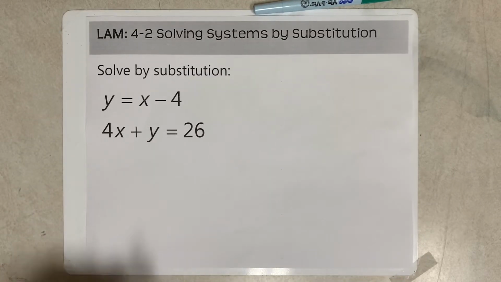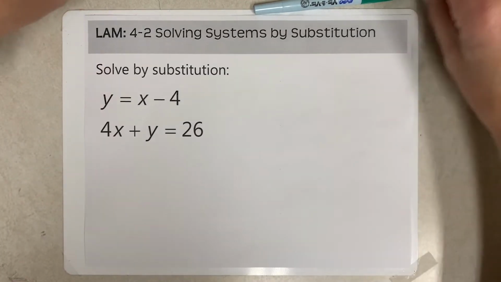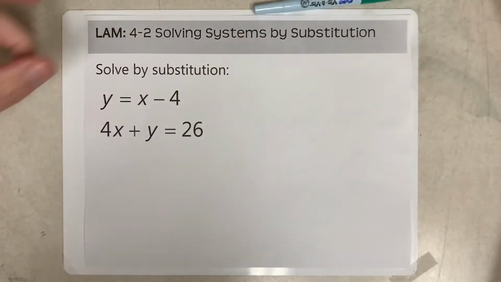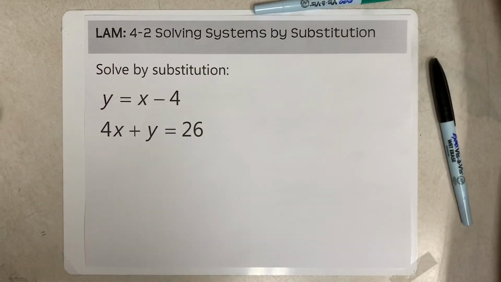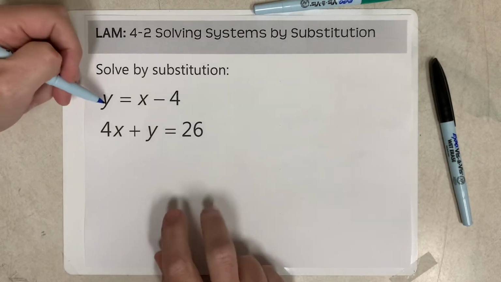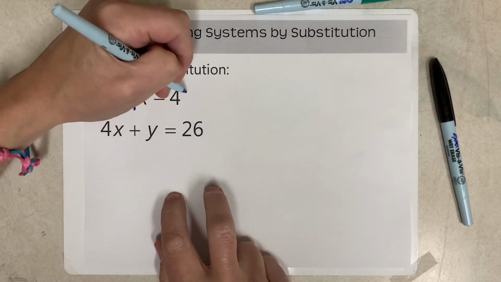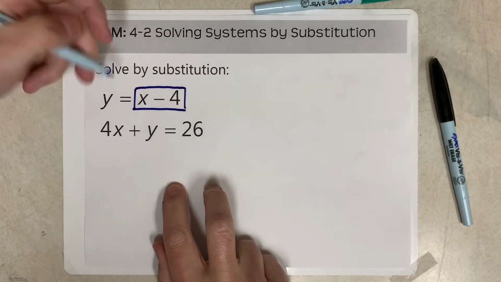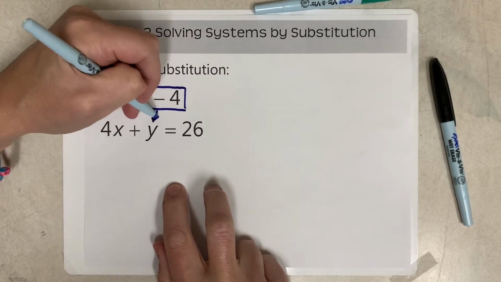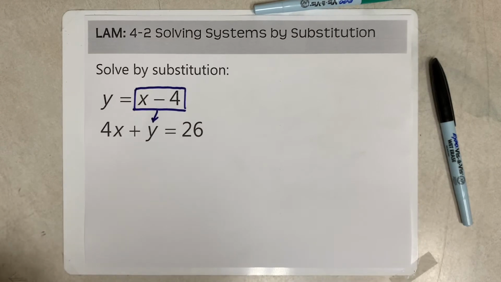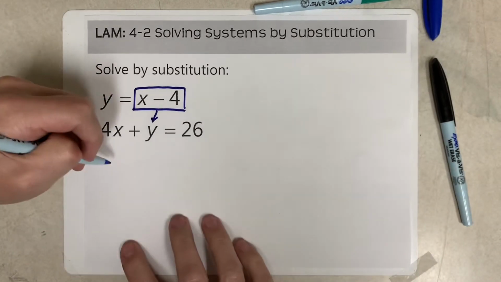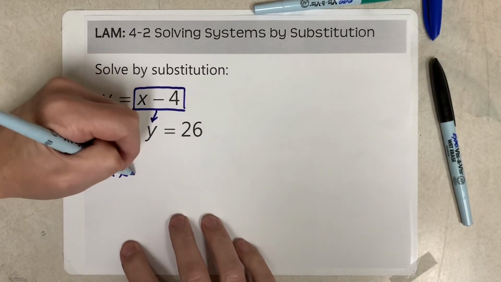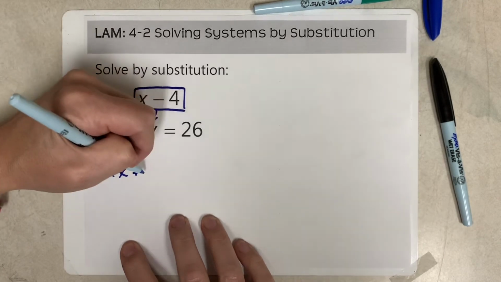Okay, so here's another one. This time, we're going to use substitution again. Let's change markers here. All right, let's go ahead and take y equals x minus 4, and we're going to take that and plug it in for y down here. And here's what we're going to get: 4x plus, not y anymore, but x minus 4.